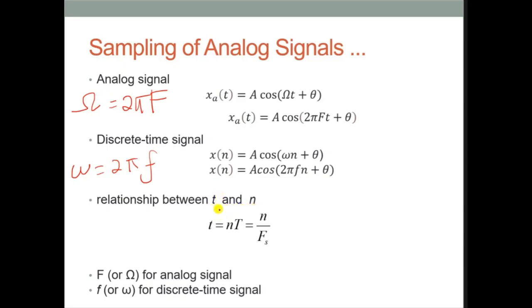The relationship between t, the continuous time, and discrete time n is t equals nT equals n over Fs.